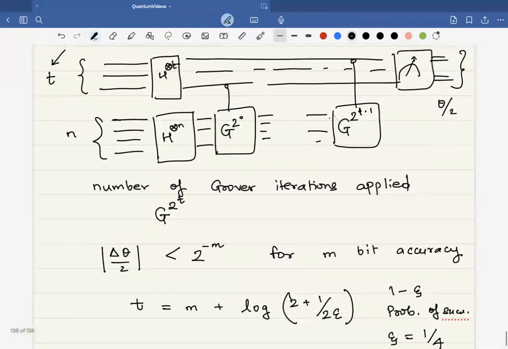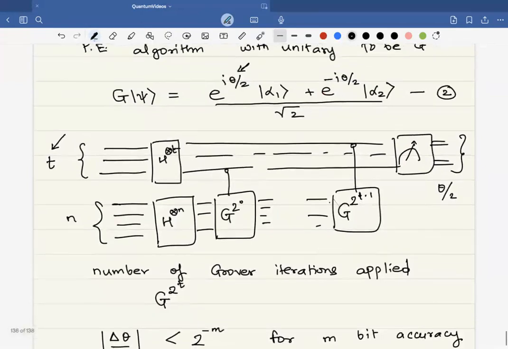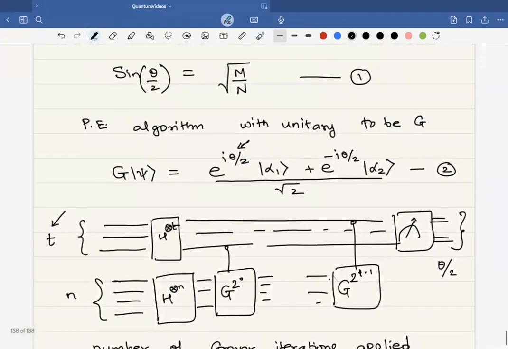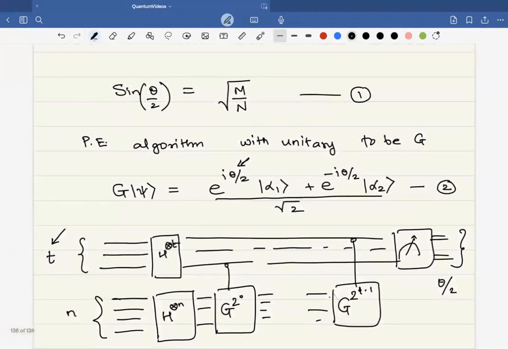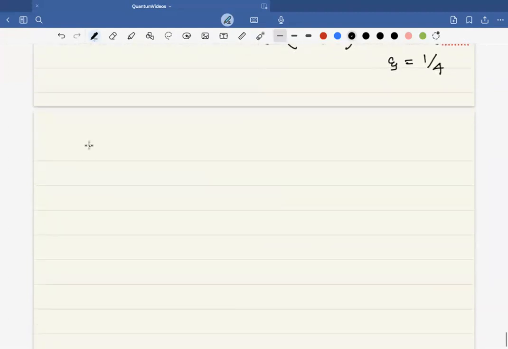Now, as I mentioned earlier, we will link the estimate of theta over 2 to the estimate of M using equation 1.